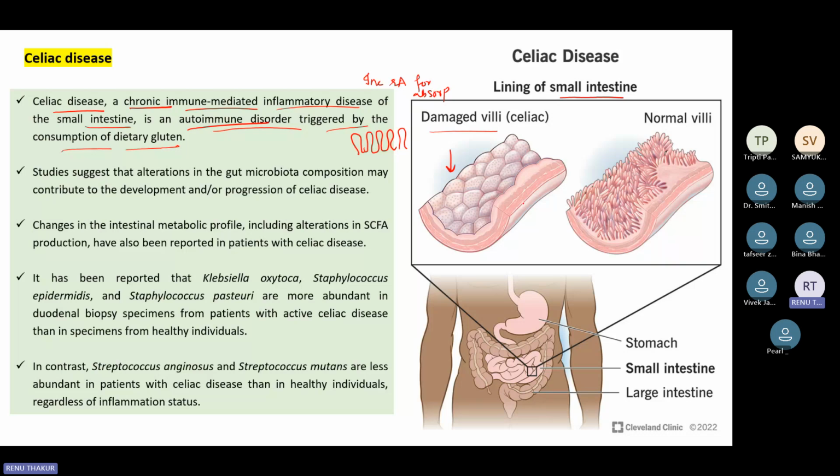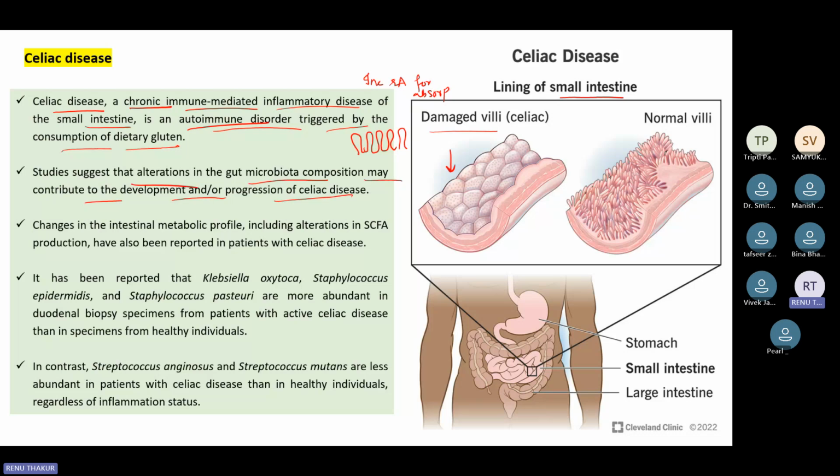So studies suggest that alteration in the gut microbiota composition may contribute to the development and or progression of celiac disease. So this is ultimately the consequence of what? Dysbiosis. If you have dysbiosis, then you can say that you can have celiac disease at some point of time.